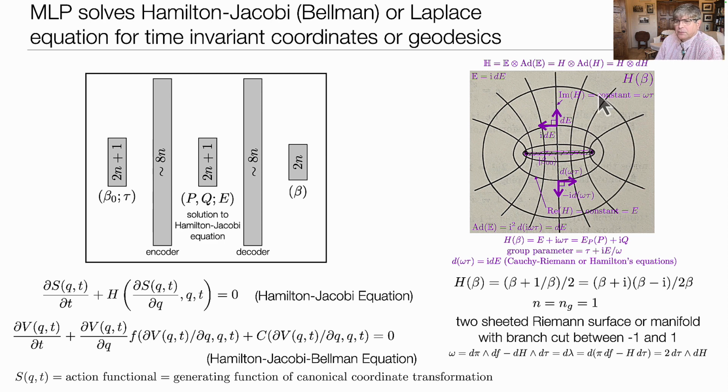And those are generated by the adjoint group. And so the total motion is generated by the H group times the adjoint group of that, with a Poincaré 1-form, which is simply the action 1-form.